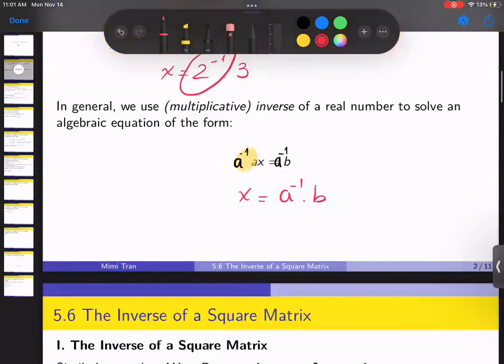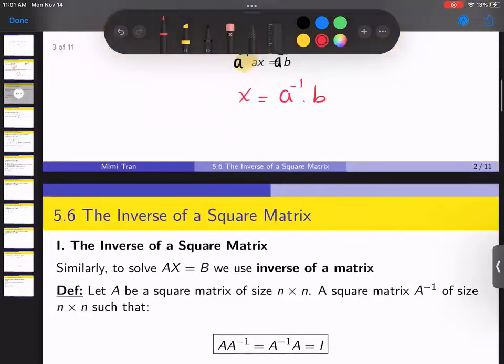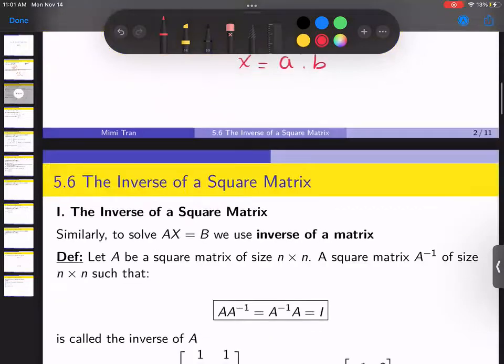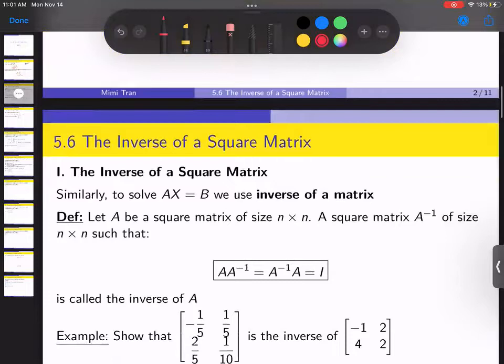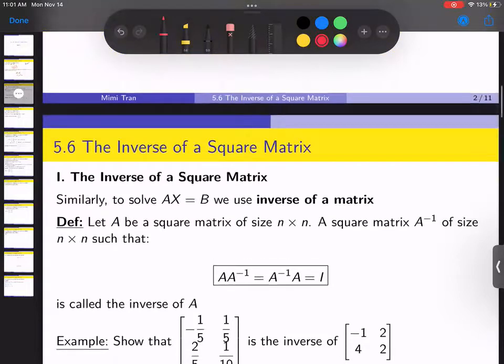Same thing with matrix. We're going to use the inverse matrix. Here, capital A inverse is the whole matrix. It's no longer a number. We're going to use that to solve AX equal B. So what we're going to do is multiply both sides by A inverse, so that A inverse times A is just the identity matrix.